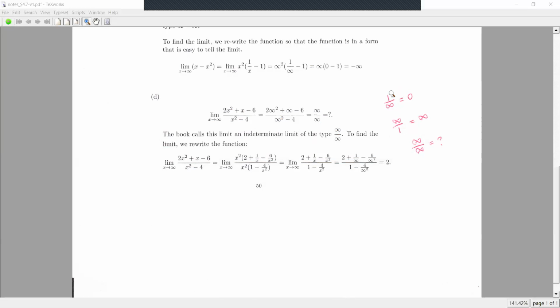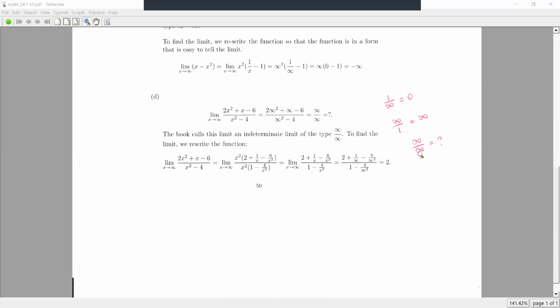I can tell that a finite number divided by infinity is 0. Infinity over a finite number, I can tell it is infinity. But infinity over infinity, I cannot tell.